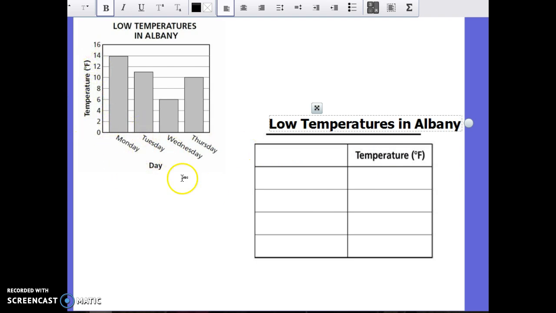So what is our x-axis? The days. So on Monday, you had what degrees? Monday, go up to the line, 14.